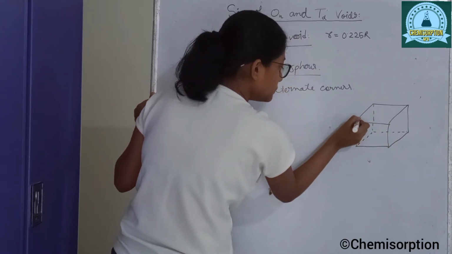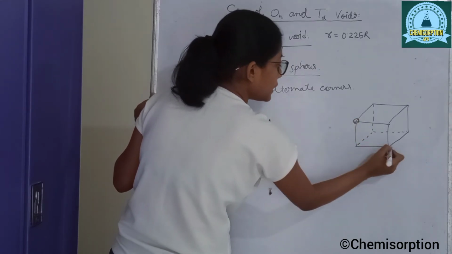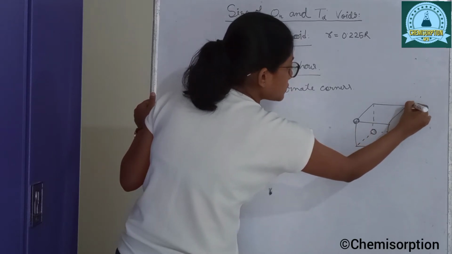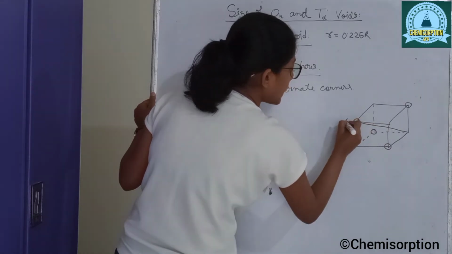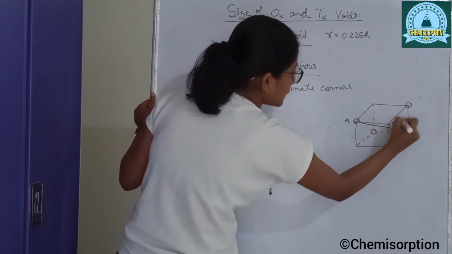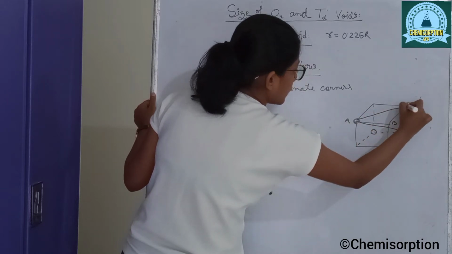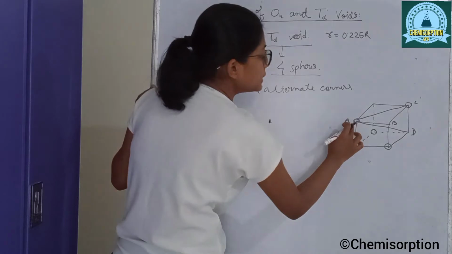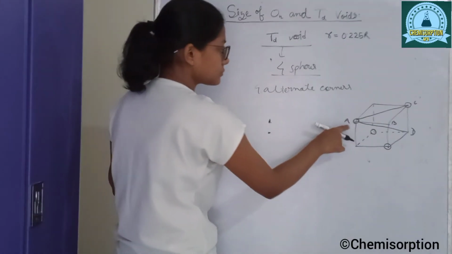This is the cube. Suppose we have one atom here, then at alternate corners other spheres will be. And for this cube, this line A, B, C, D: AD is the body diagonal and AC is the face diagonal.